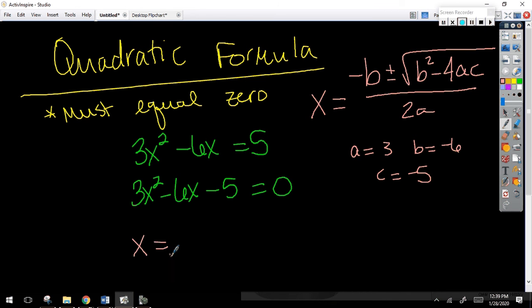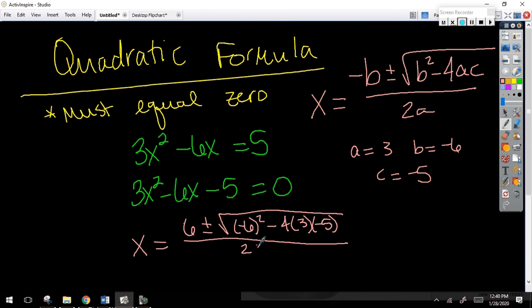So if I want opposite b, then I'm going to use 6 plus or minus the square root b squared minus 4 times a times c, and everybody goes over 2. As you simplify this, make sure you work inside the radical first and then work your way out, because radicals group things together just like parentheses.